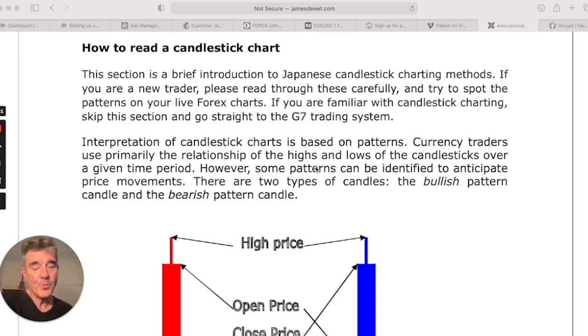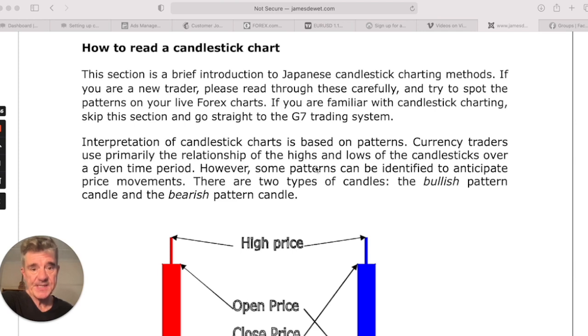When we've been through this, you need to be able to look at your charts and try to spot these patterns on the charts. If you're familiar with candlestick charting, which you probably aren't, skip this section and go straight to the G7 trading system, which is contained in the rest of this book, but that's not the purpose of this course.